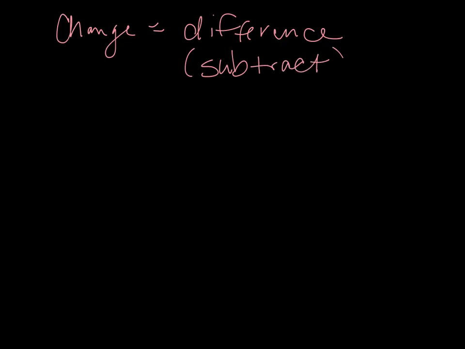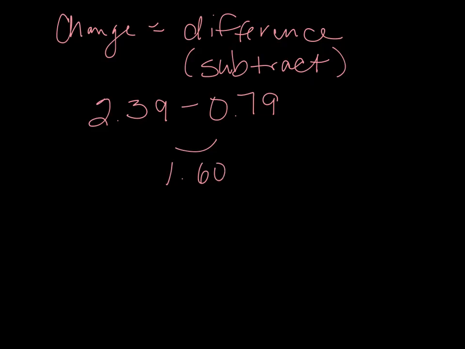So the two numbers that we have are $2.39 and 79 cents. Now, we know that 79 cents came first, but it doesn't matter because we're simply finding the difference. So when I subtract the two of those, $2.39 minus 79 cents, I get $1.60 as the difference, or the increase, right?